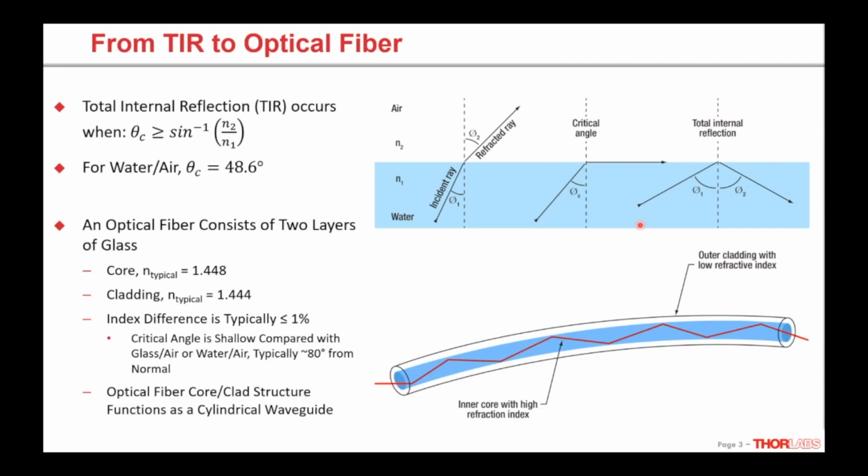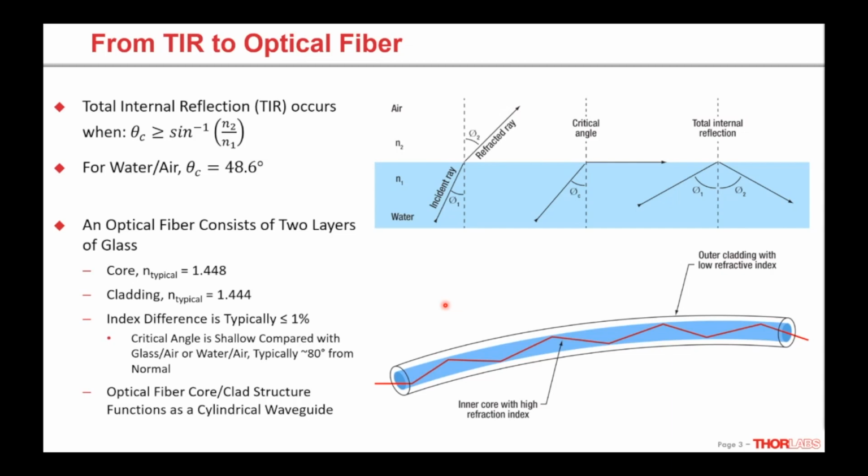In an optical fiber, rather than, for instance, water and air or glass and air where you have index of 1.5 and index of 1, we use two different types of glasses with a very slight index difference, less than 1%, sometimes even less than 0.5% for single mode fibers.